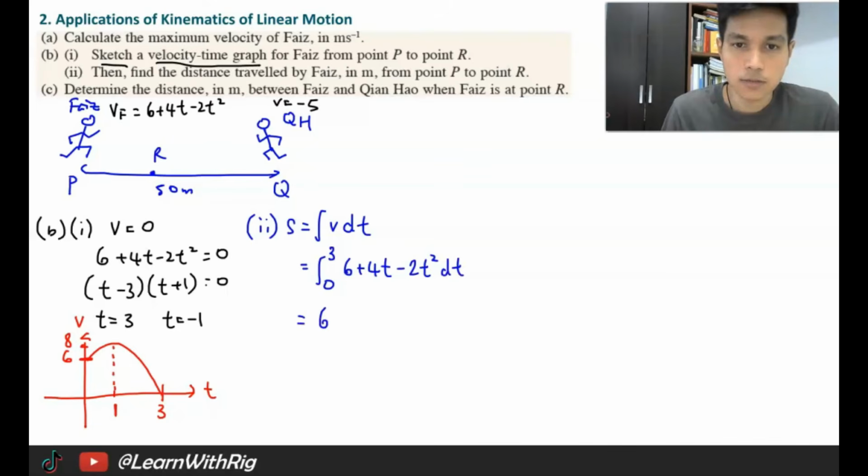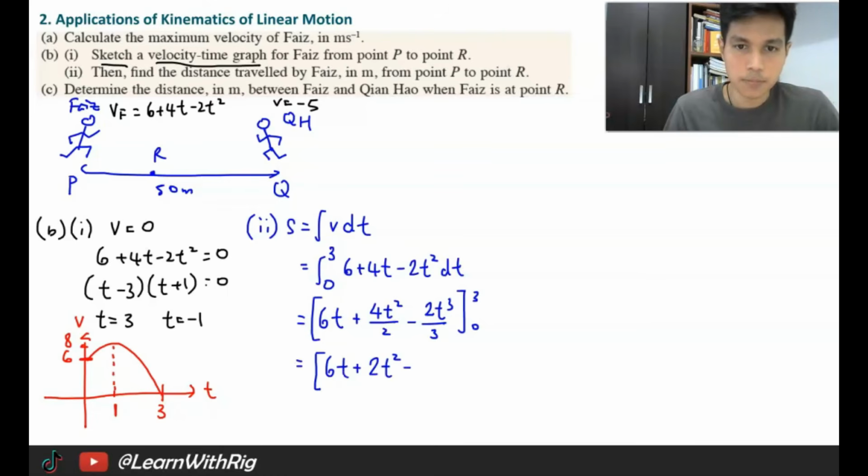So you get 6t plus 4t square over 2 minus 2t cubed over 3. You simplify, you will get 6t plus 2t square minus 2 over 3 t cubed.